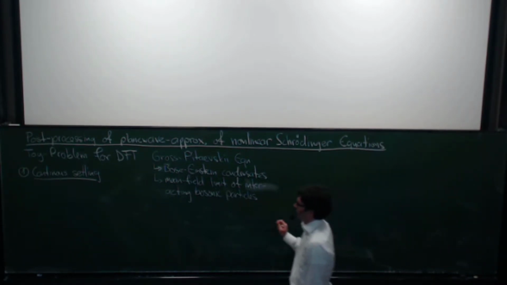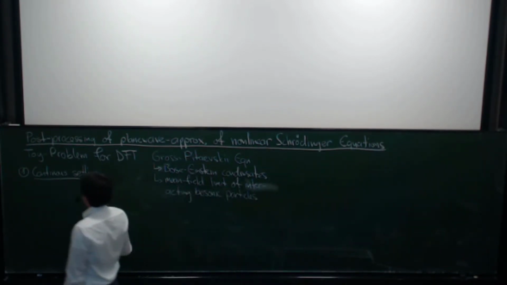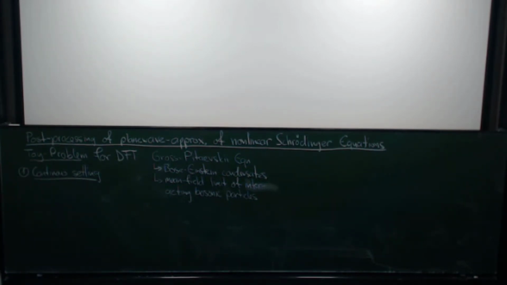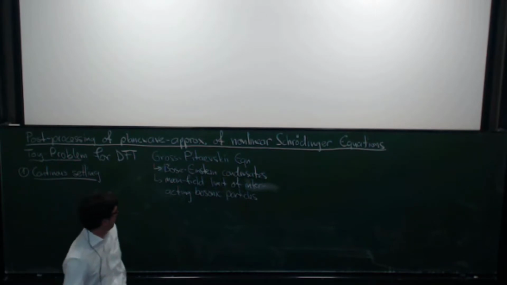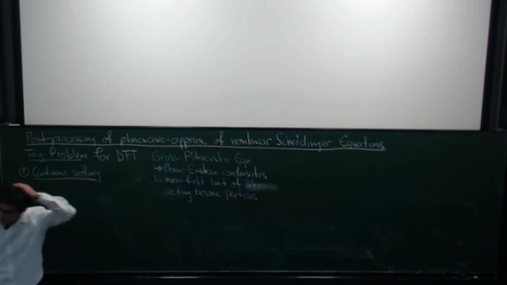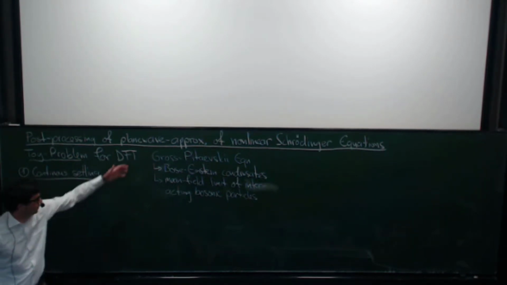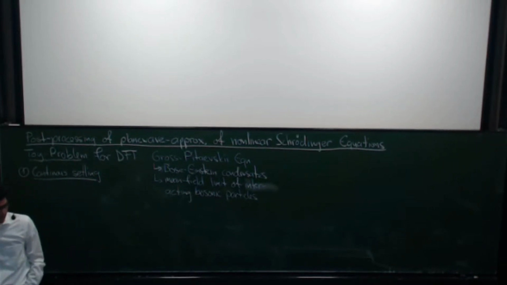But for now, we focus on what is somehow for us a toy problem for DFT, the Gross-Pitaevskii equation. It is used to model Bose-Einstein condensates, which is the mean field limit of interacting bosonic particles.